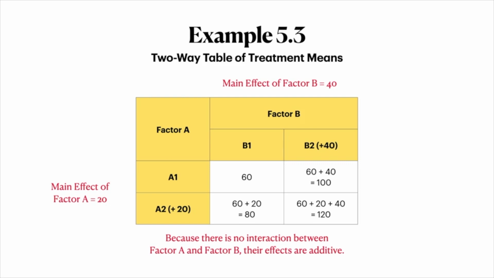And then finally, if we start at the A2B1 cell and move over to the right one cell, so that we're looking at the cell for A2B2, then the value for that mean ought to be 60 plus 20 plus 40, because we're now going from level B1 to level B2, and that main effect of factor B is 40. And that is indeed the case, because we were told that that treatment combination mean was 120. So that is what it means for factors to be additive in their effect on the response.